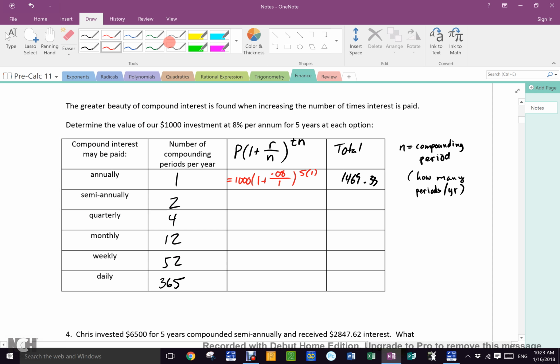Okay. Now, what is going to change semi-annually? Does the principal change? No, still 1,000. Still 1. Still 0.08. But now it's not once a year. How many times is it? Twice a year, which means it's 5 years, but I'm getting it twice a year, so that is to the exponent 10 now. Punch that in and see what you get.